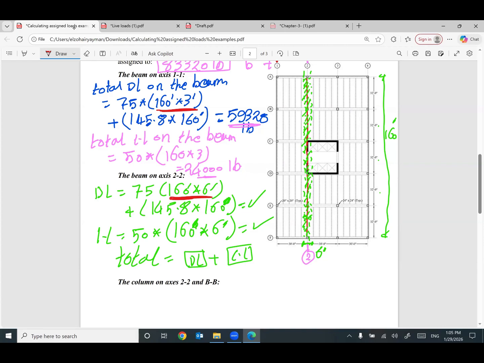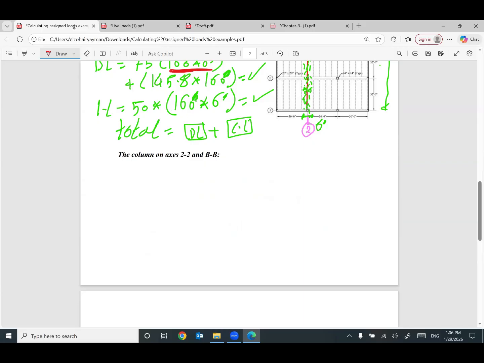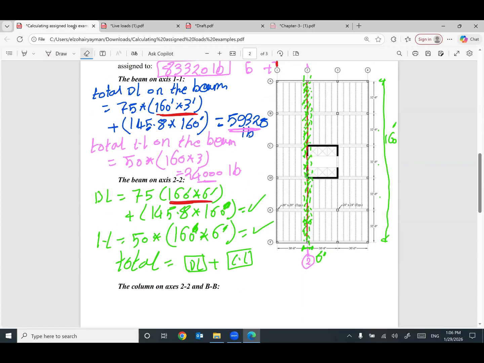If I see something different than these numbers, that means you did not calculate the correct area assigned to each beam. The last part of this problem: what is the total load coming from the slab on the column 2, 2 and B, B?